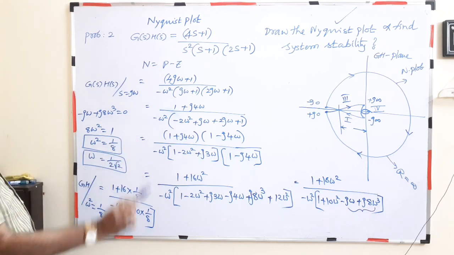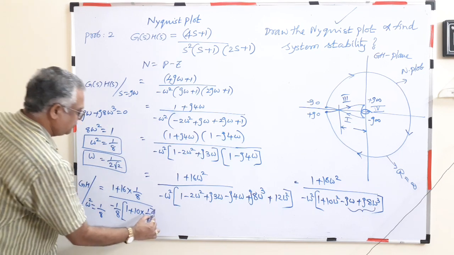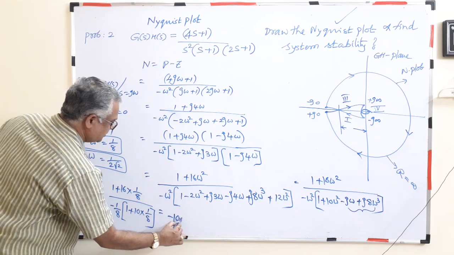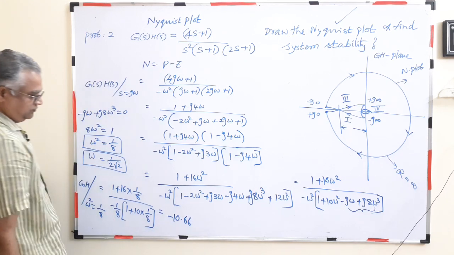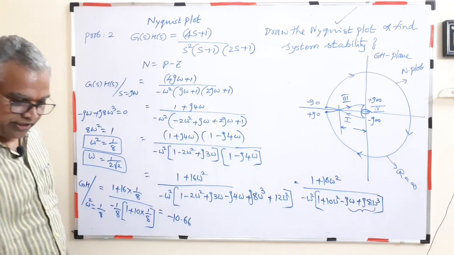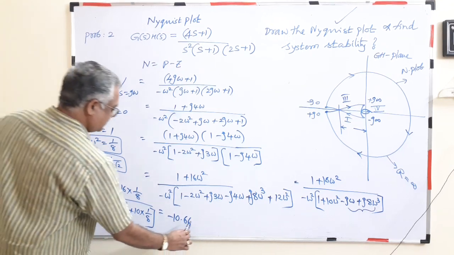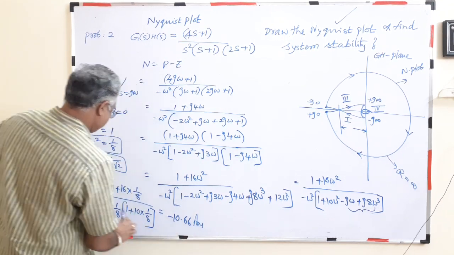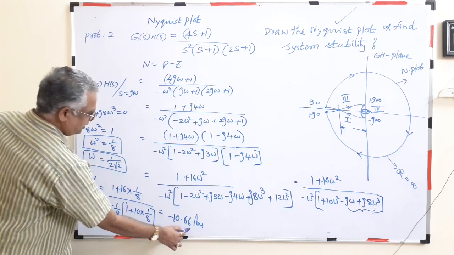Okay, that j part anyway is 0. So if you simplify, you will get minus 10.66. This is the answer. You just check this, guarantee you get this.